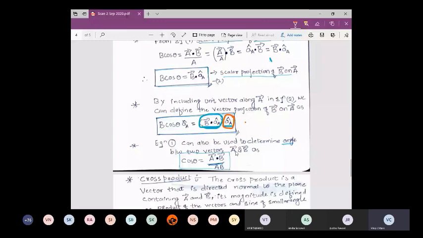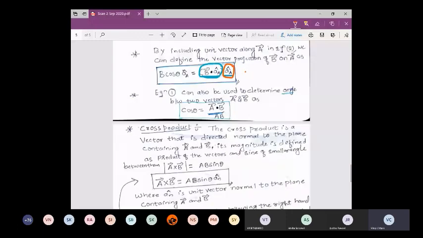Okay, so I'll continue with today's last topic, that is the cross product.